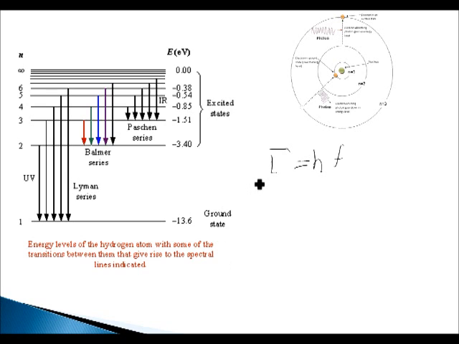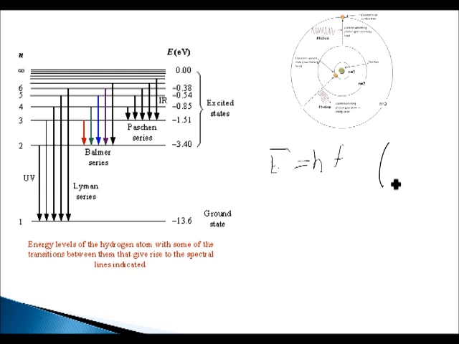So we know that that energy is given by Planck's constant times the frequency of light emitted. So if we know the energy between two different states, and we know Planck's constant, we can find the frequency. And from the frequency, we can find other important quantities.